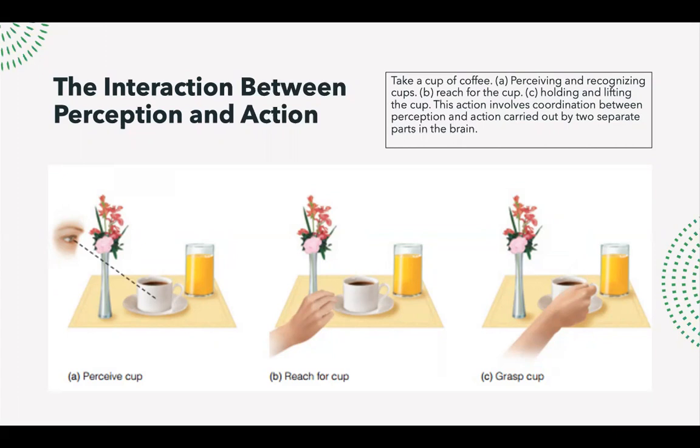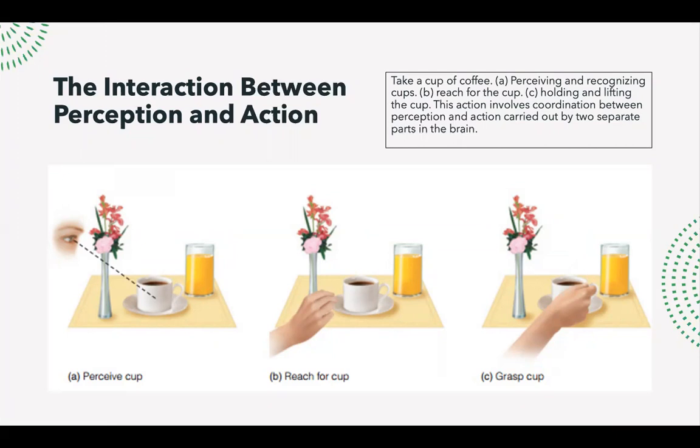Movement is also important because of the coordination that is continually occurring between perceiving stimuli and taking action toward those stimuli. Consider this example: what happens when someone reaches out to pick up a cup of coffee, in figure A? She first identifies the coffee cup among the flowers and other objects on the table.